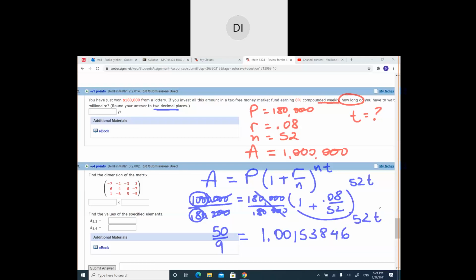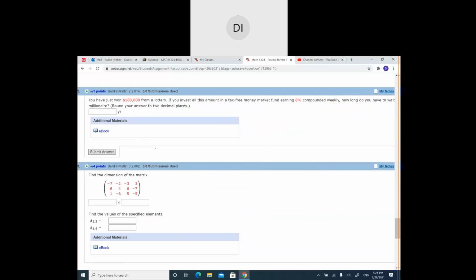Now from here, in order to get t by itself, we have to go to logarithm. And this is the base. So when you change logarithm to exponent, the way you did it in algebra, we're going to get from here logarithm. I'm going to write it here. Logarithm with base 1.00153846.